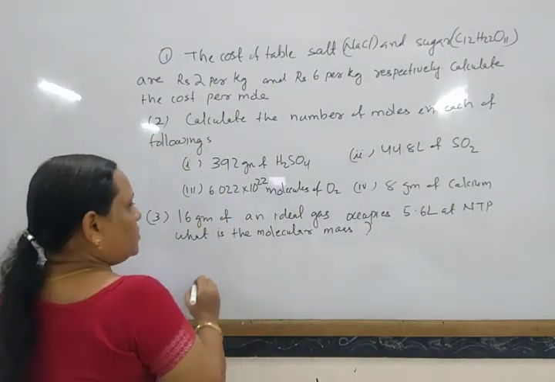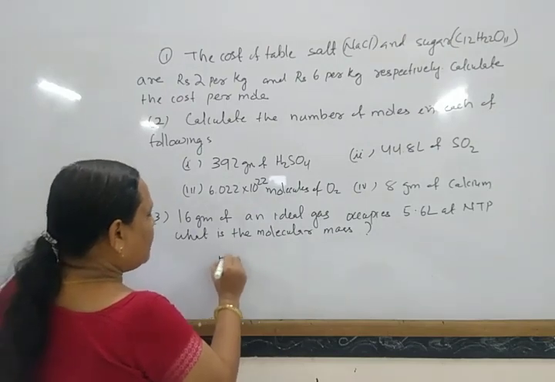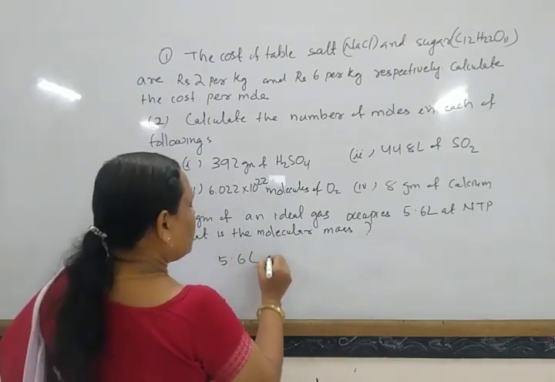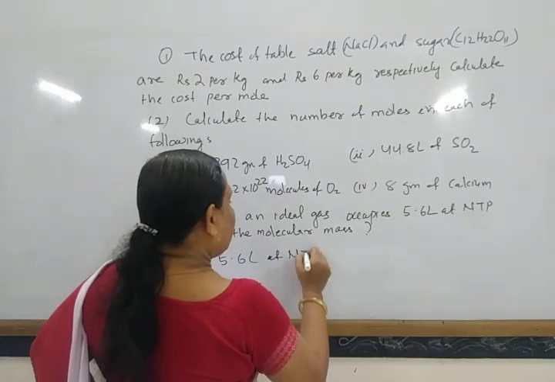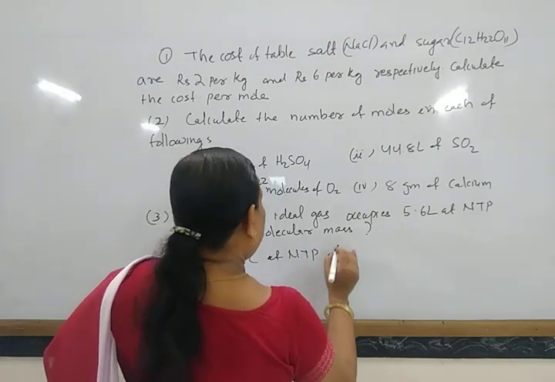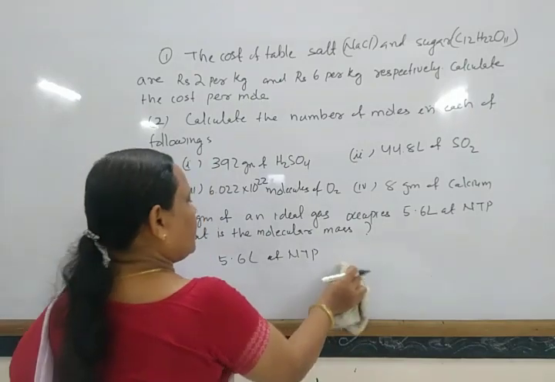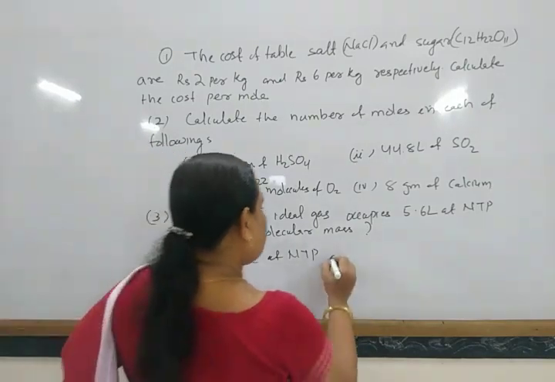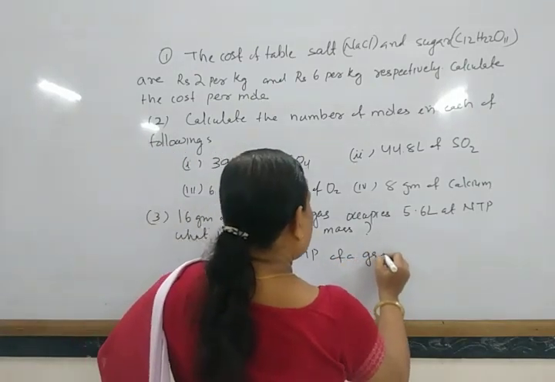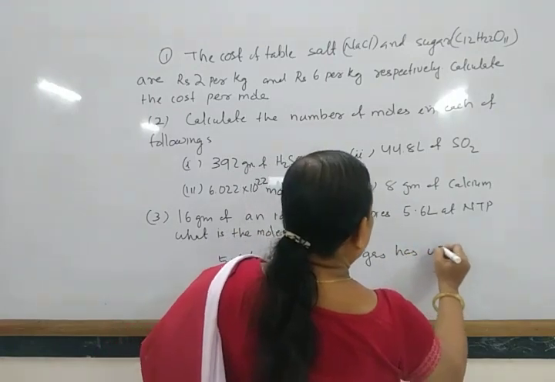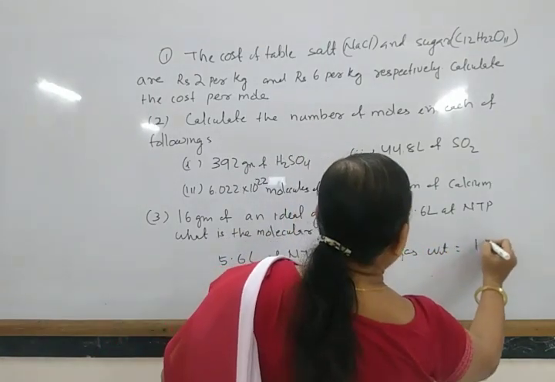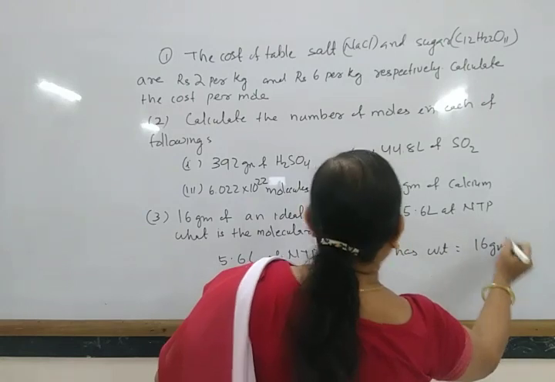Okay. So 5.6 liter at NTP of a gas has weight 16 gram.